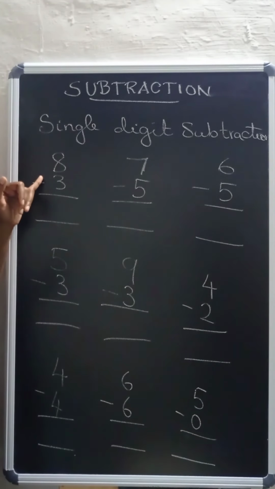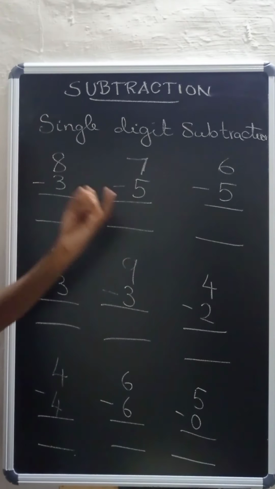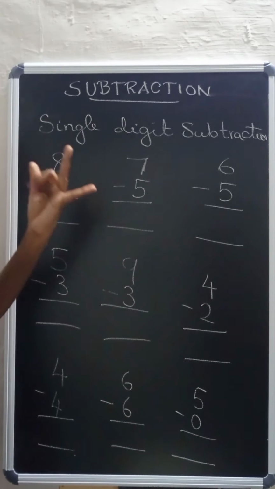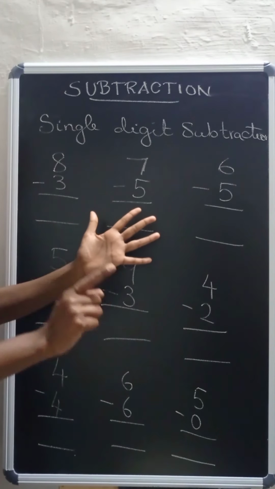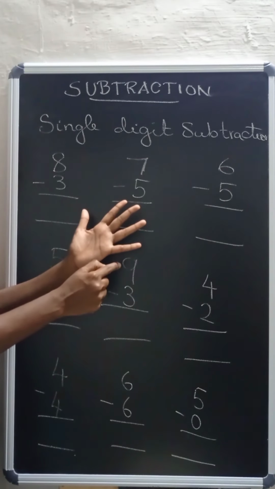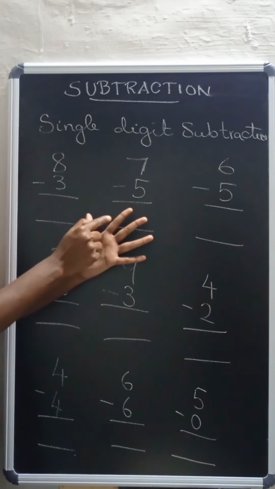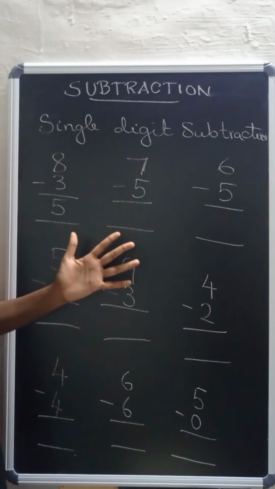Now 3 in the mind and till 8 we are going to count. After 3, 4, 5, 6, 7, 8. So stop with this. Here you have only 8. So how many fingers you have? 1, 2, 3, 4, 5. So 5 is your answer.